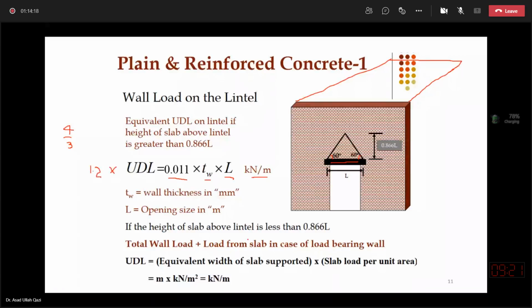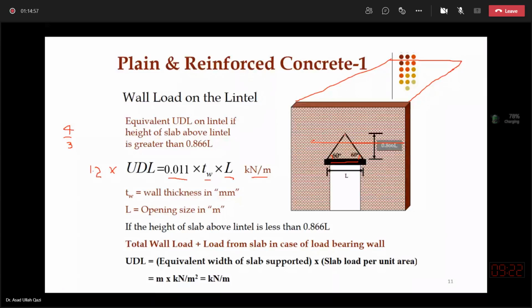It is mentioned underneath that if the apex of the triangle is being intercepted by the slab above, suppose the slab is at this place and the complete triangle is not being intercepted, then you have to assume the entire slab load over the lintel, because now this apex is not well below the slab height.